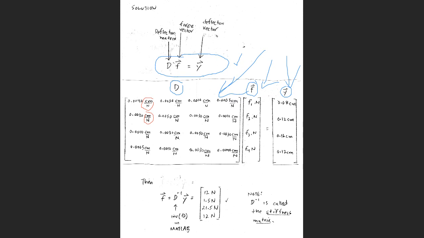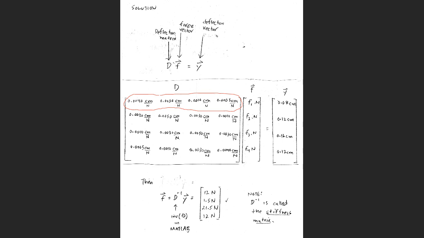You know how to do matrix multiplication now very well. Say, to get the 0.08 centimeters, you'd have to take the first row in the matrix D and multiply it by this column here, the vector F.